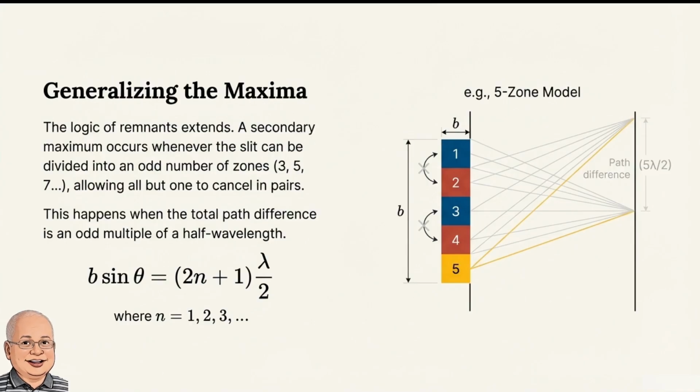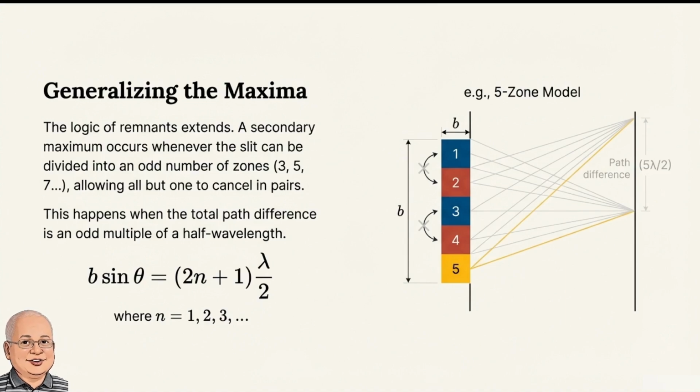Now let us generalize this. The logic will extend to n number of zones. A secondary maximum will occur whenever the slit can be divided into an odd number of zones, 3, 5, 7, 9, etc., allowing all but one to cancel in pairs.